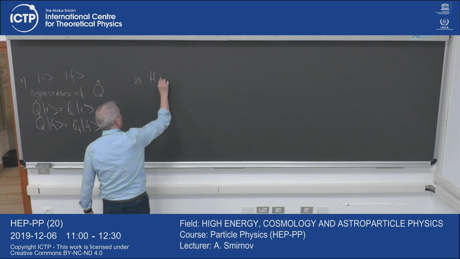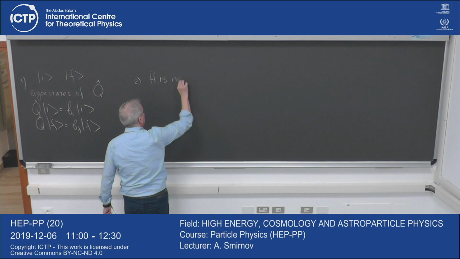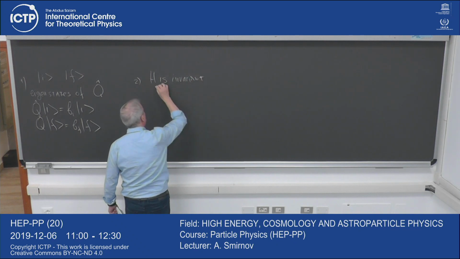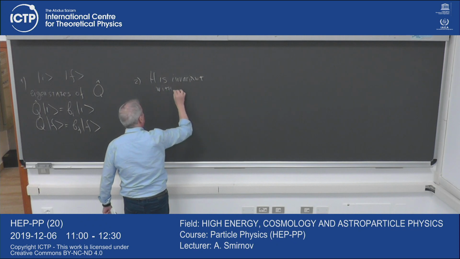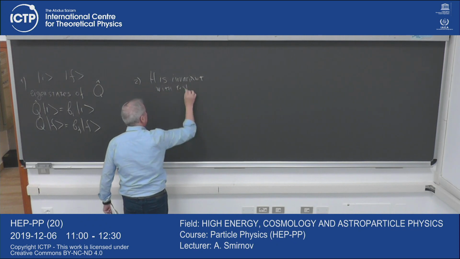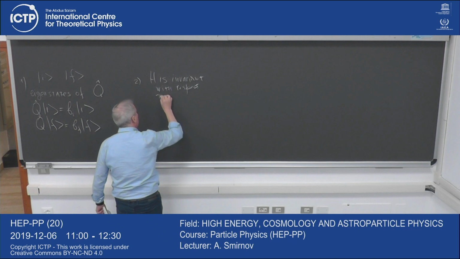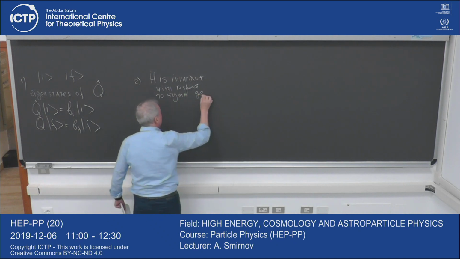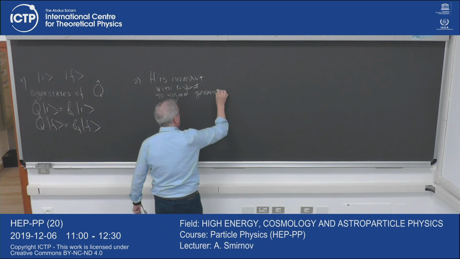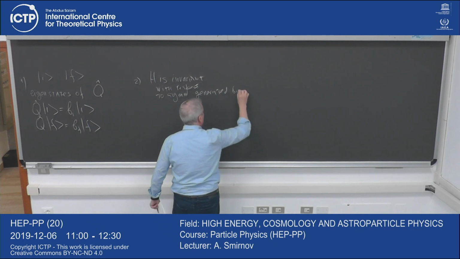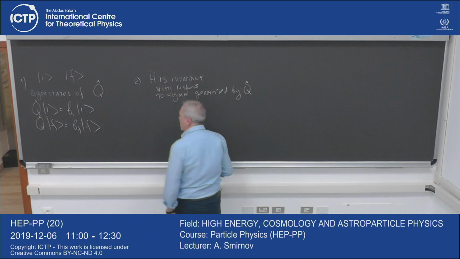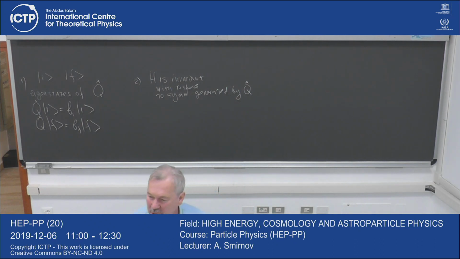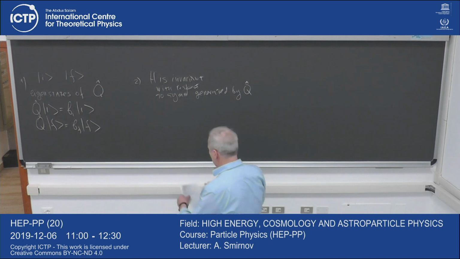So the Hamiltonian is invariant with respect to symmetries generated by Q. The physical quantities are generators of the symmetry groups, as we discussed before.